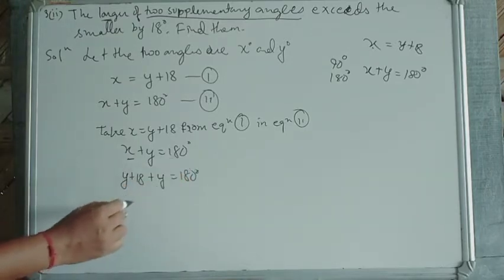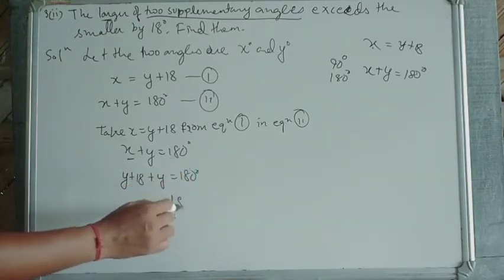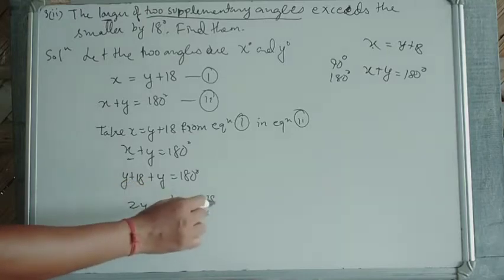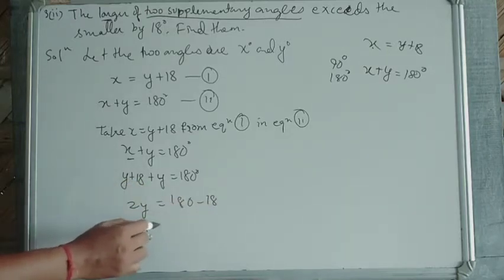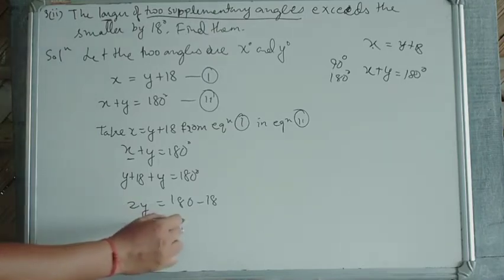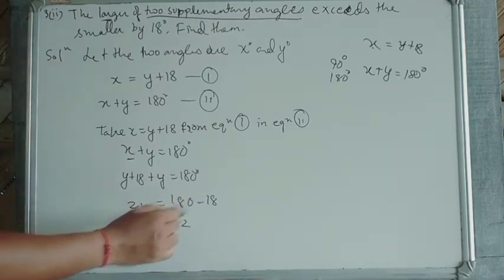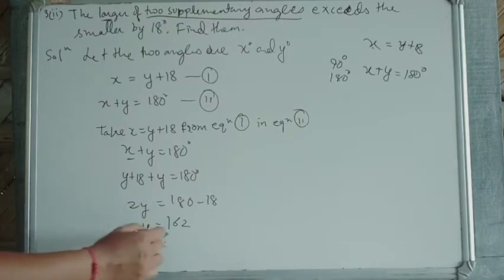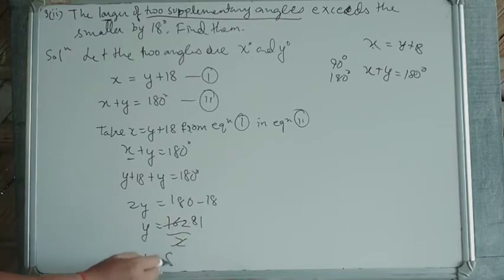Then y plus y becomes 2y equals 180 minus 18. So y equals 180 minus 18, which is 162, divided by 2, which gives me 81. Y equals 81 degrees.